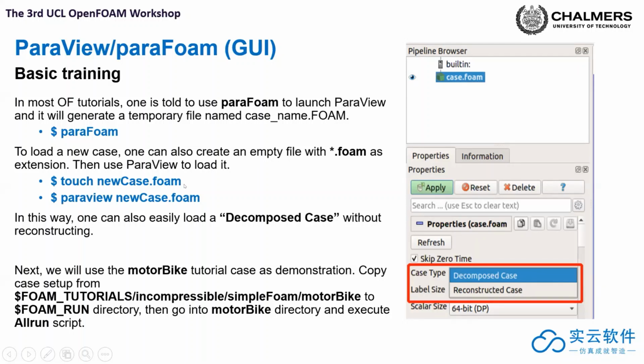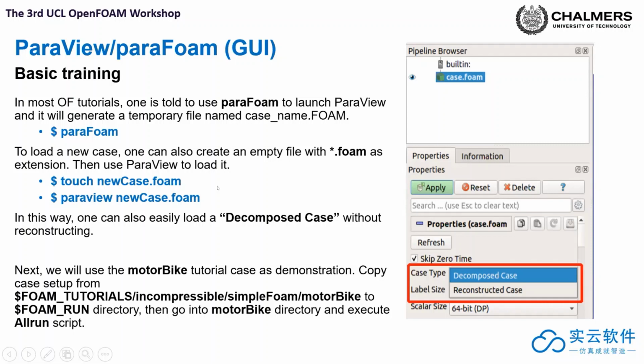A benefit of this method is that you can load the decomposed case with paraview plus the case name .foam, because if we use paraFoam, it can only read reconstructed results.